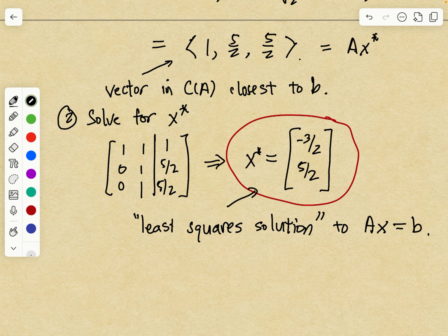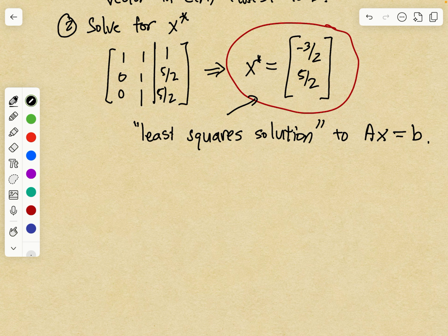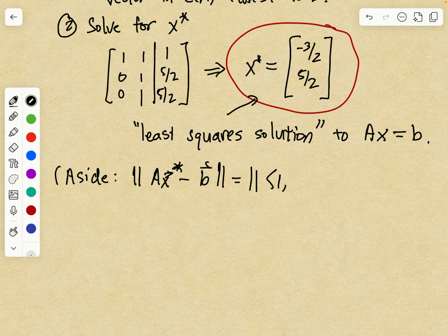Okay. And what is this distance from AX to B? So let's just make this an aside. For this X star, the distance between AX star and B is the length of, well, AX star was 1, 5 halves, 5 halves.